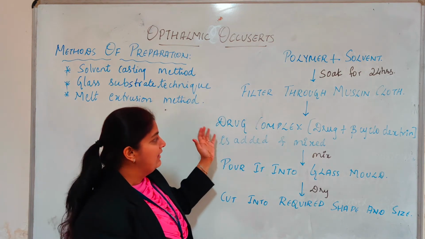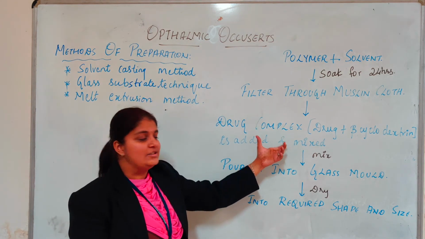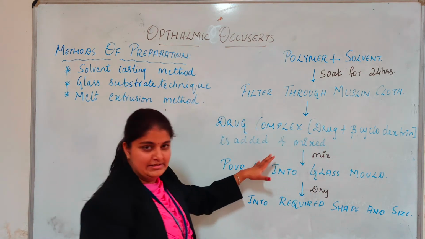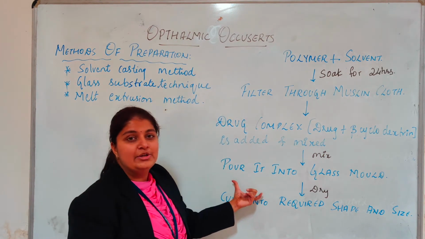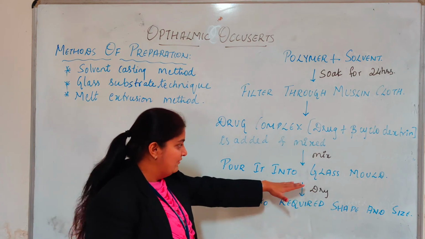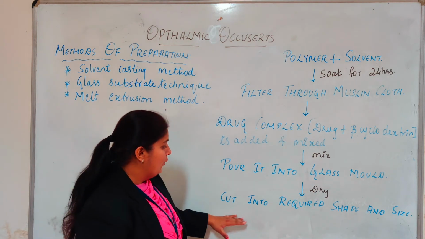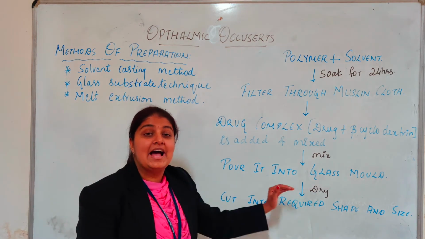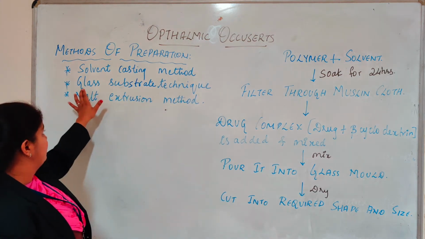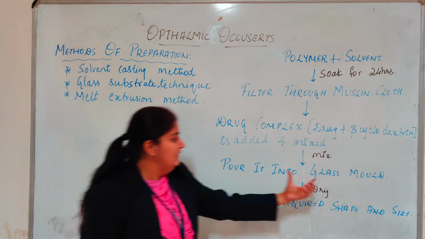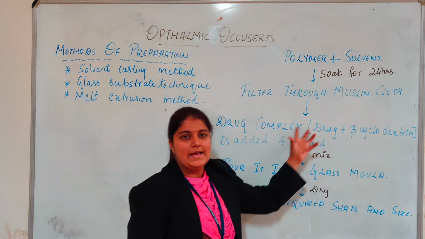To that we add a drug complexing agent, for which we use beta-cyclodextrins. Once we add everything, we mix it together. Then we pour it into a glass mold. After the drying process, we cut it into the required shape and size. So it's a very simple method. The name glass substrate technique is given because of the glass mold we are using in this method.